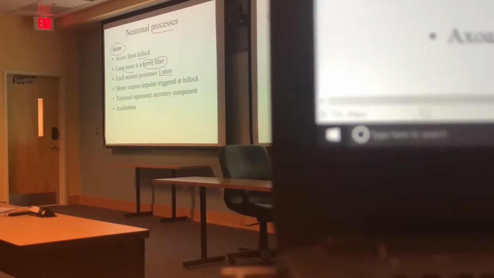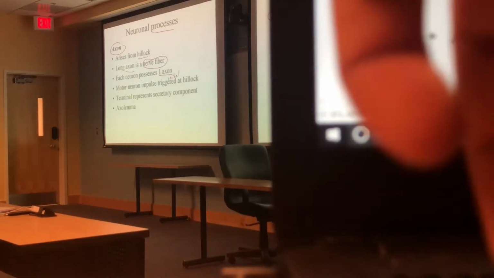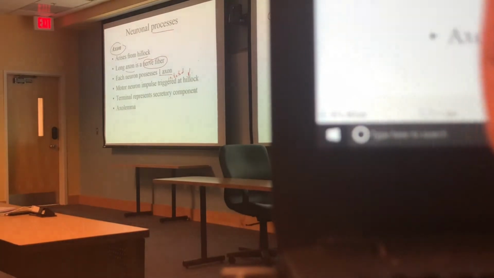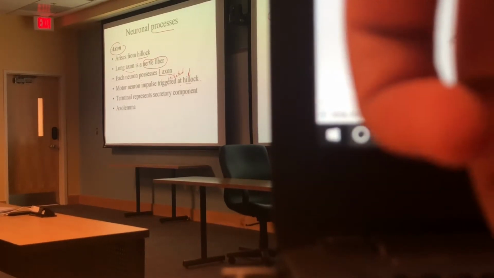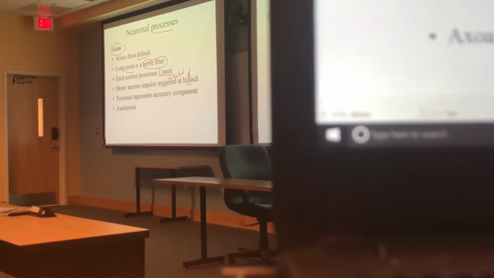The motor neuron impulse, or the so-called action potential, is initiated at the hillock. That's where it starts, okay? We'll talk about the action potential in a bit, in terms of membrane potential and so forth. But the motor neuron impulse is triggered at the axon hillock, where that part of the neuron body narrows down and projects into the axon.